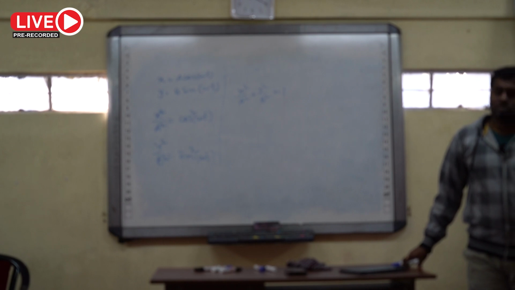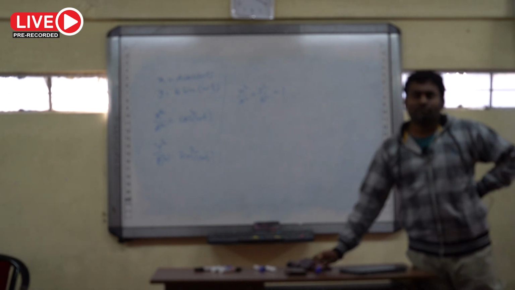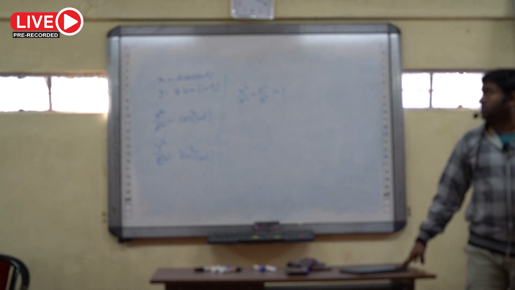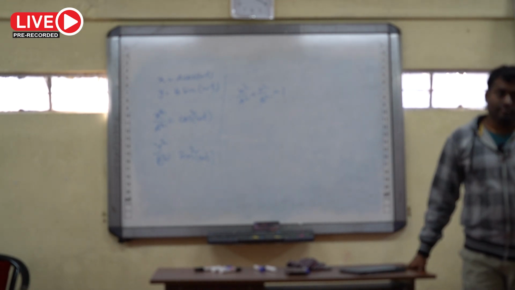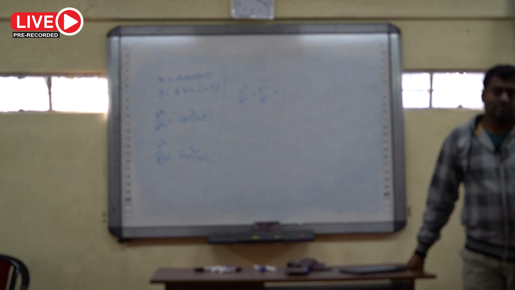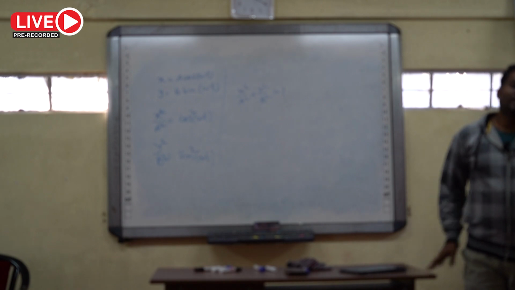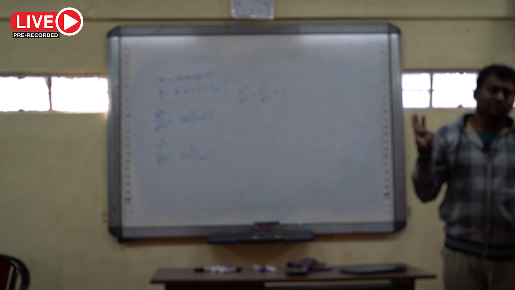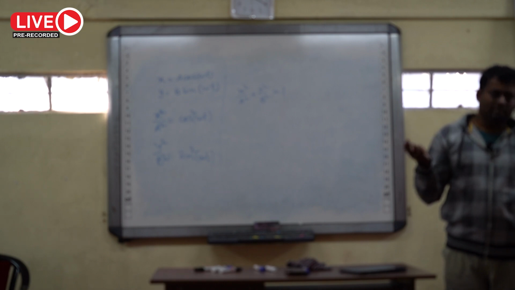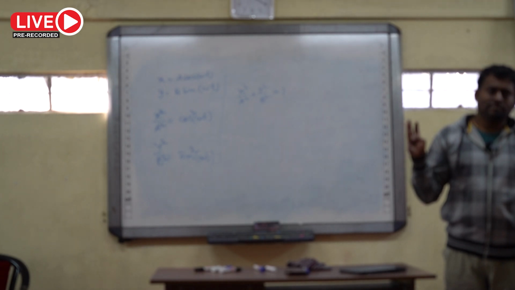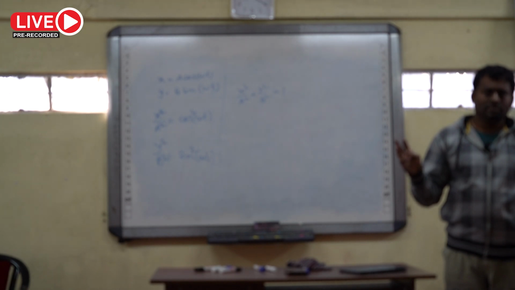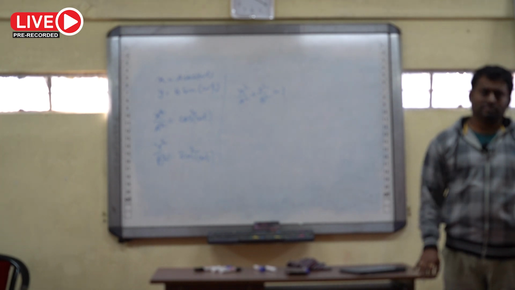Otherwise, it is not possible always to find the equation and to solve, and frequently these equations will come. So how many figures did I name? Straight line, or say pair of straight lines, anything. Circle, parabola, ellipse, hyperbola, rectangular hyperbola. 6 figures.